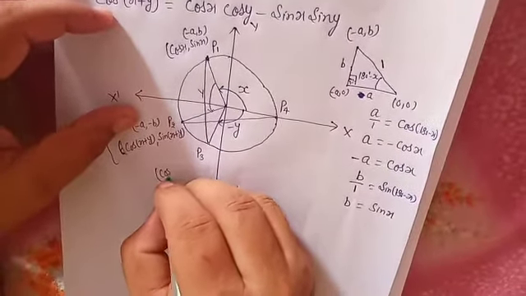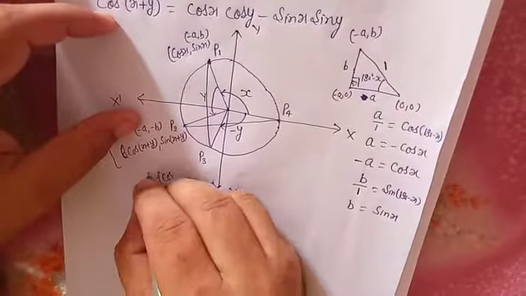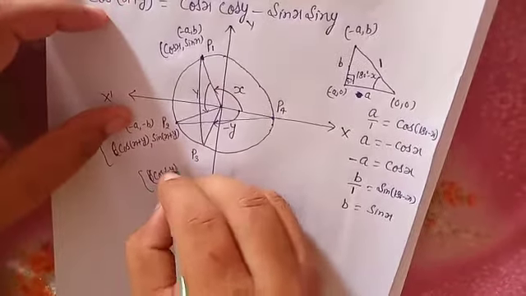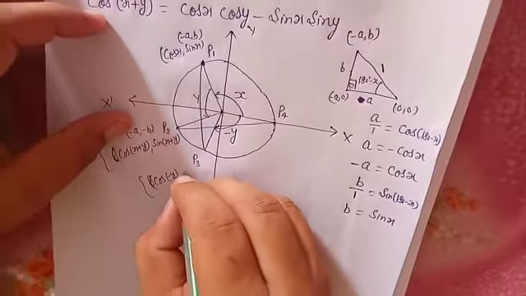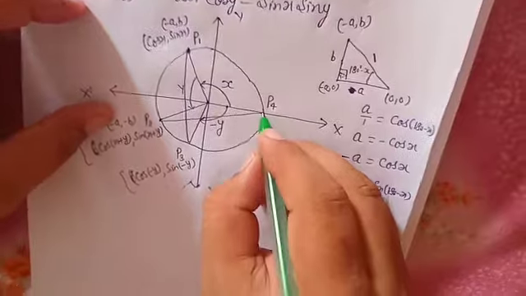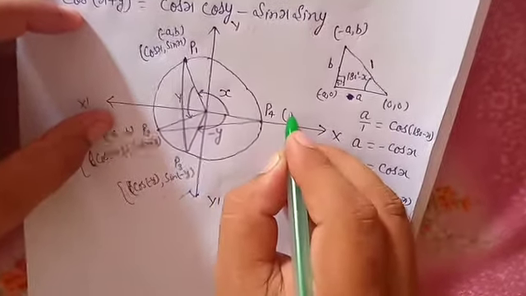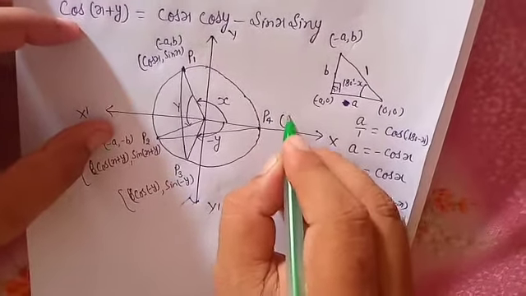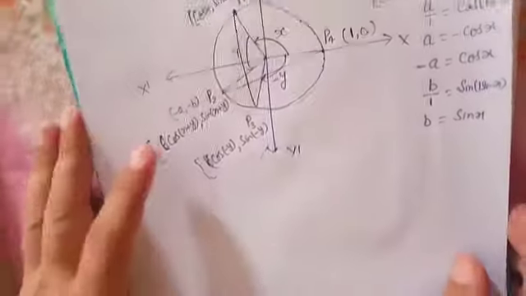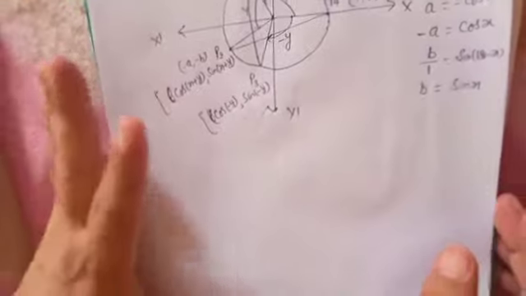Cos of minus y, sine of minus y. And you know the coordinate of this point. What are they? 1 and 0. Understood this? Till here understood?